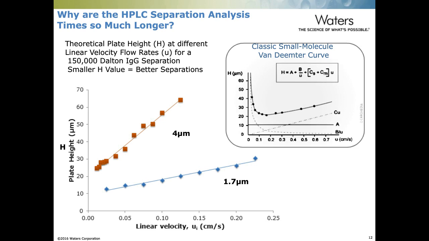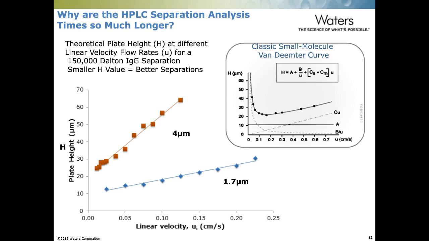In general, for proteins, since they really don't diffuse, it's really hard to find these B terms, as shown in the bigger Van Deemter plot, marked with the 4 micron and the 1.7 micron labels. These are actual Van Deemter curves for an IgG on these two particular SEC columns.